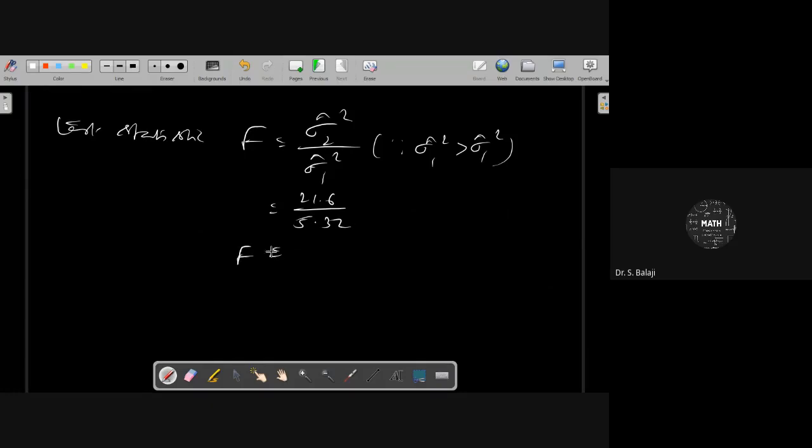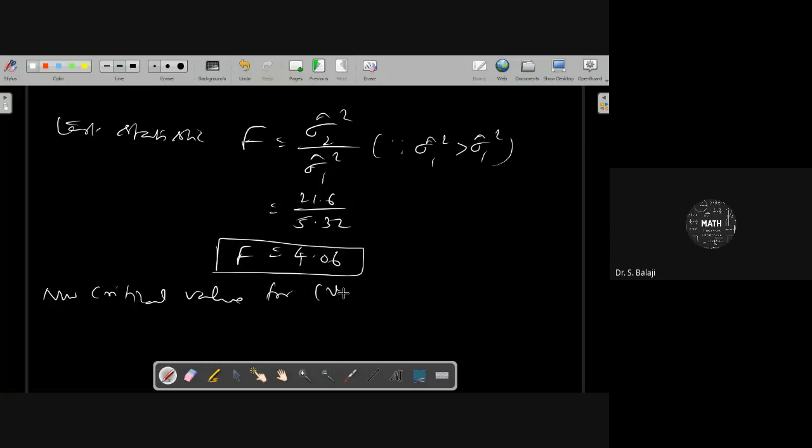What about the F value? 4.06. Your F value is 4.06. Now, critical value for V1, V2, but what is V1 now here?